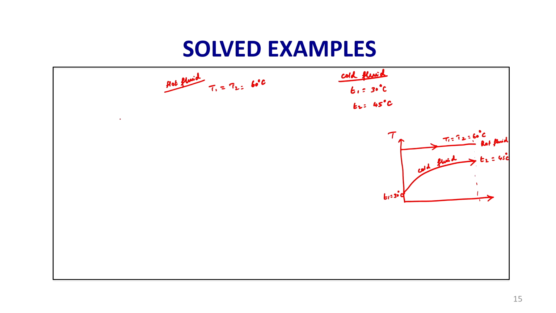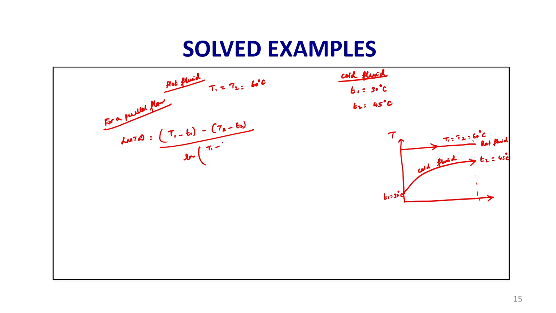So, for a parallel flow, LMTD is capital T1 minus small t1, minus capital T2 minus small t2, divided by ln of this ratio, this first term divided by second term: T1 minus t1 divided by T2 minus t2.